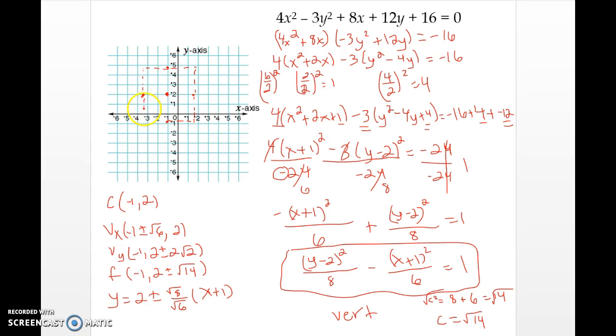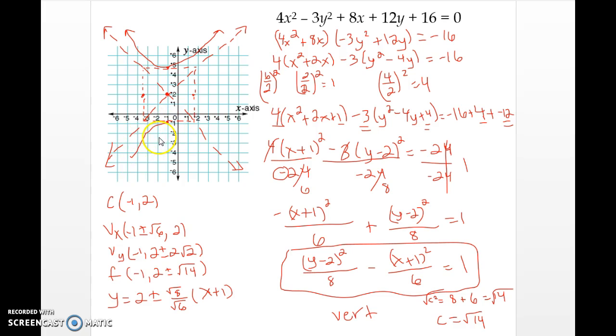Through all 4 of your vertices, make your asymptotes through the corners of the box, through the center, and it's vertical, so we're using the y vertices, and we're approaching both asymptotes.